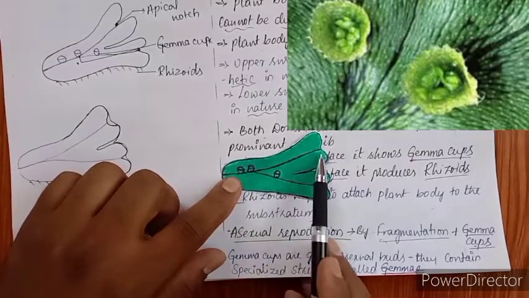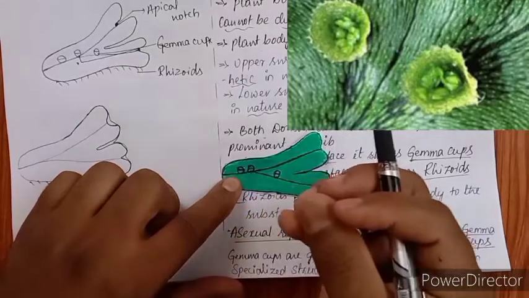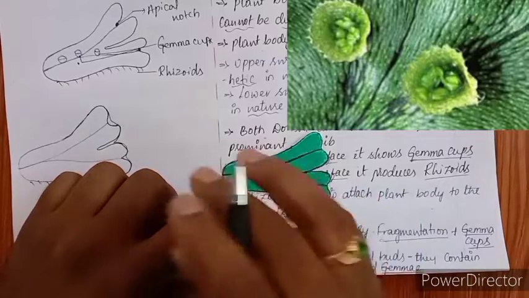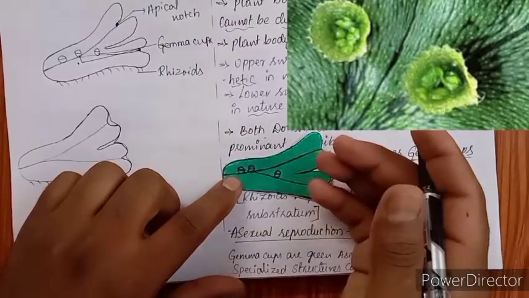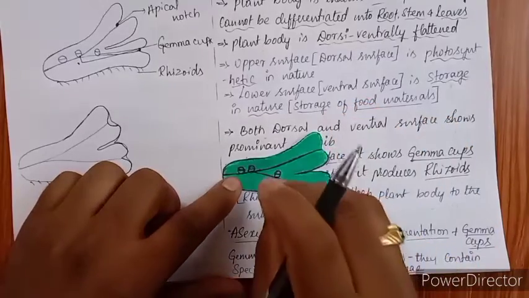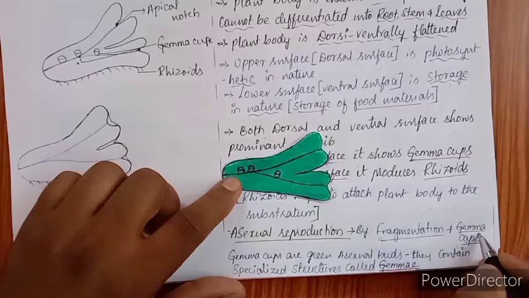The Gemma cups have a specialized structure called gemmae. These gemmae fall on a suitable medium and develop into a new plant body. This is asexual reproduction.